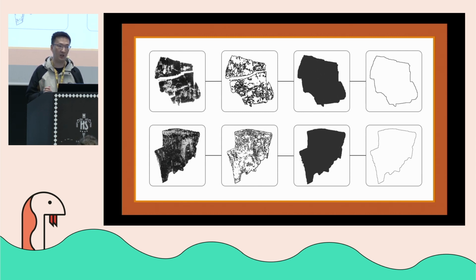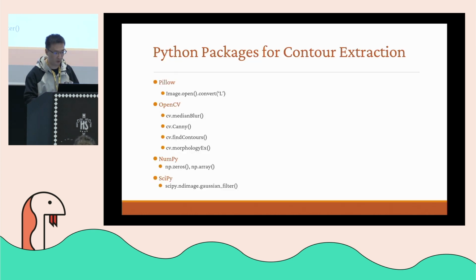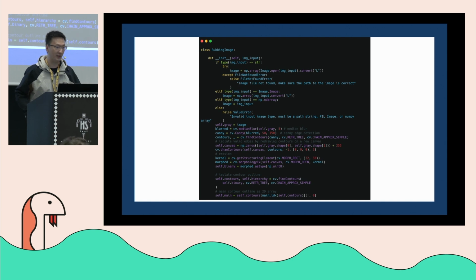Image-based operations can be very expensive, but if we extract contours first, we don't have any need for image-related tasks. To achieve this, I believe everyone is very familiar with basic morphological operations or edge detection.